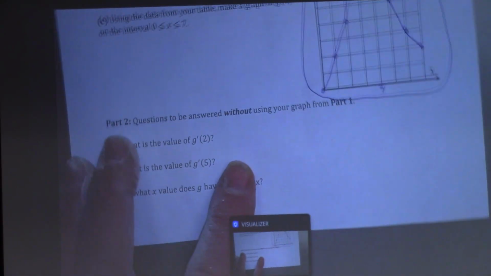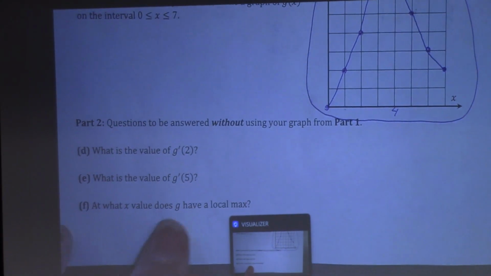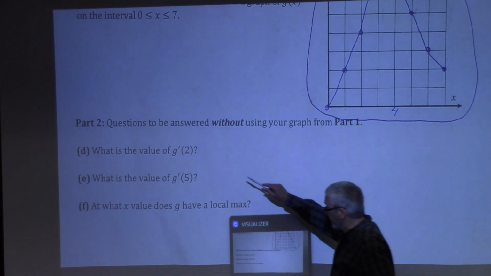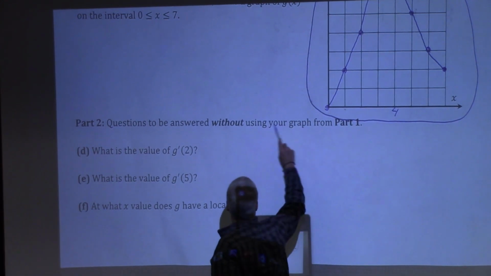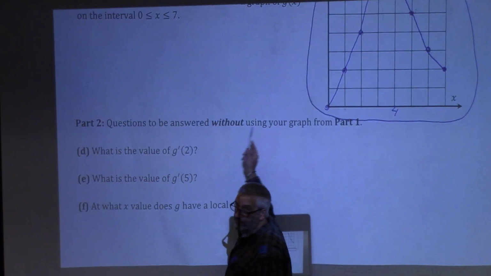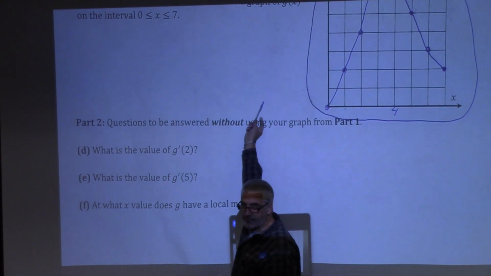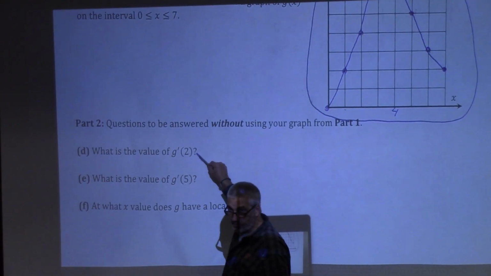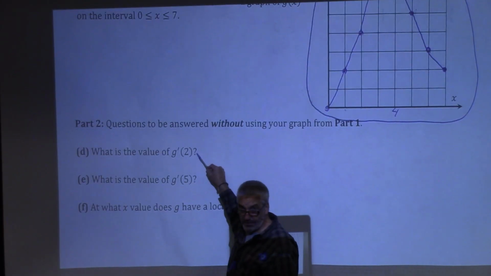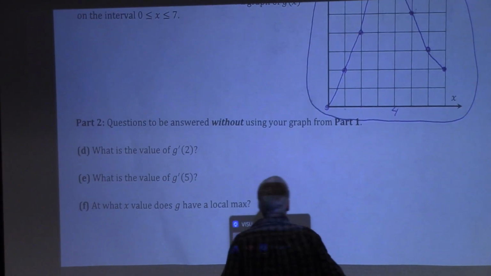This question says, what's the value of g prime of 2? Now, it says answer without using the graph. Well, I can't resist using the graph because the graph's just right there. So g prime of 2, remember that means the slope of the tangent line.